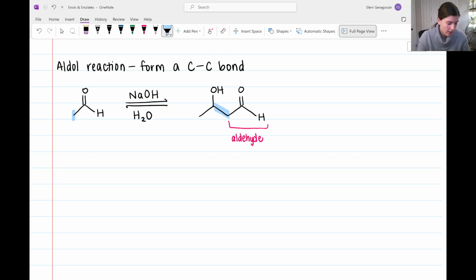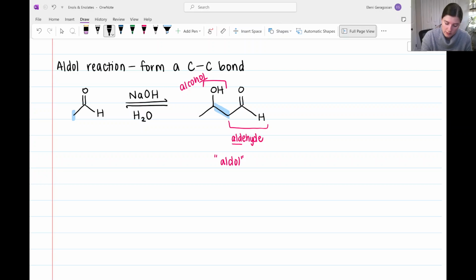And then we also have an alcohol group. This is called an Aldol reaction because we have both an aldehyde and an alcohol. So we form an aldol product.